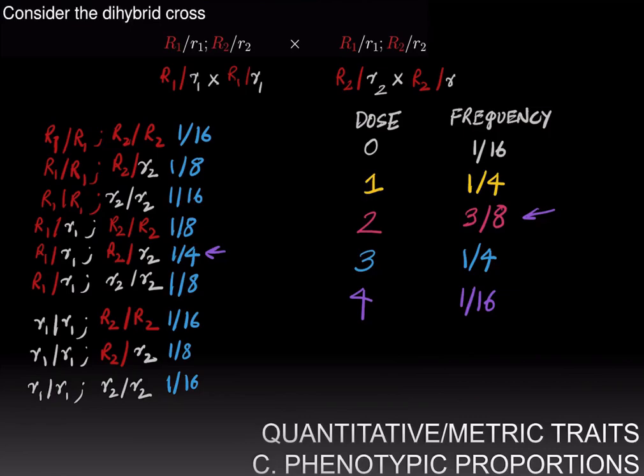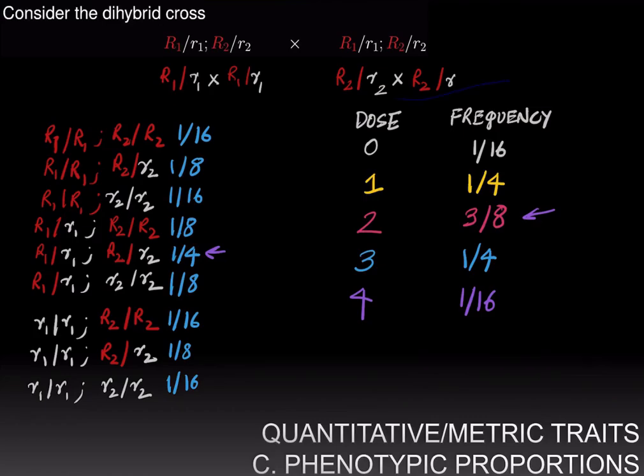You could get the big R1 from the father and the little r1 from the mother, but you could also get the big R1 from the mother and the little r1 from the father. So there are more ways to make hets, and hets tend to be the most common.